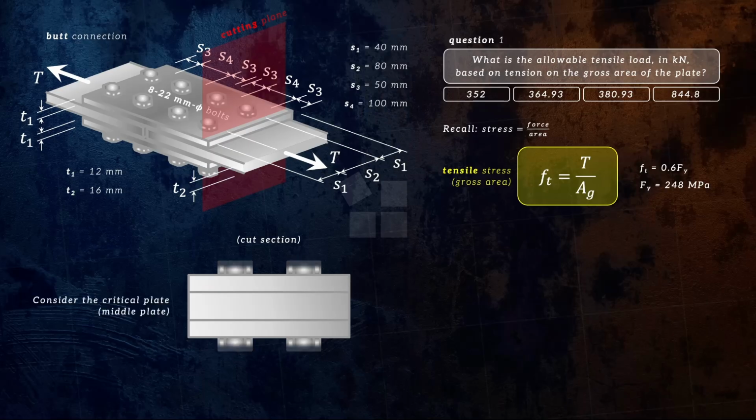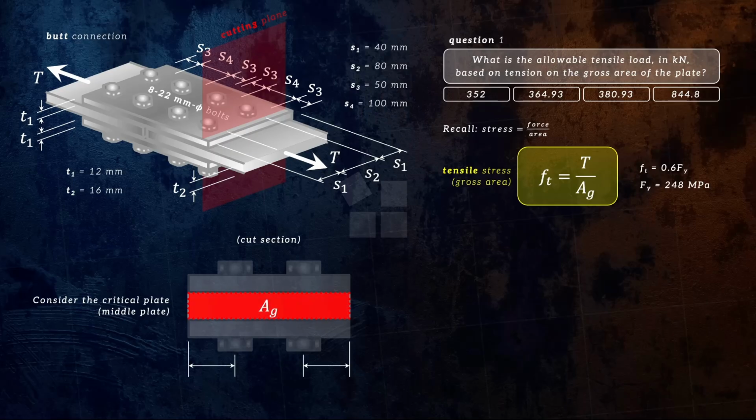Hence, the middle plate is your critical plate, which now shows us where the gross area is, having a length of 2S1 plus S2 and a width of T2.